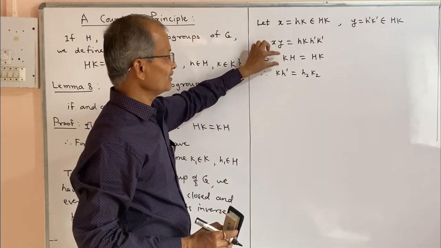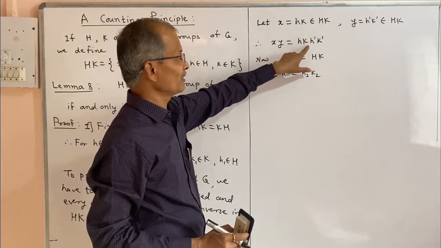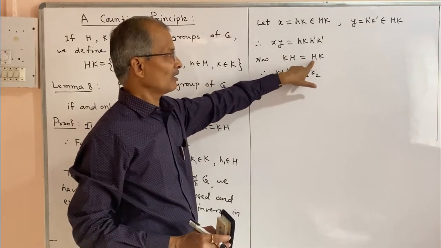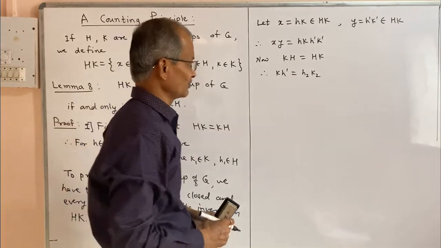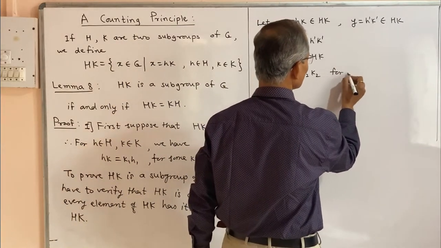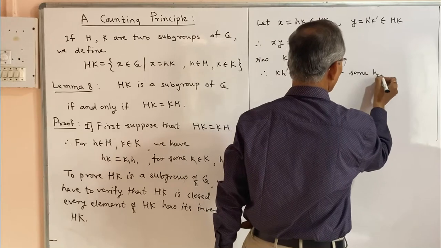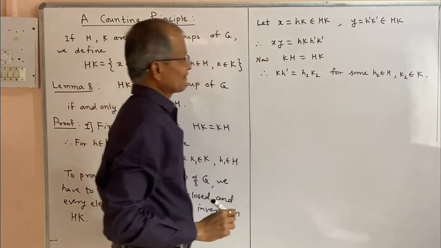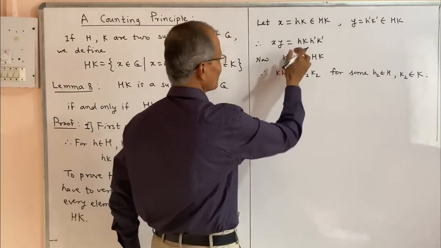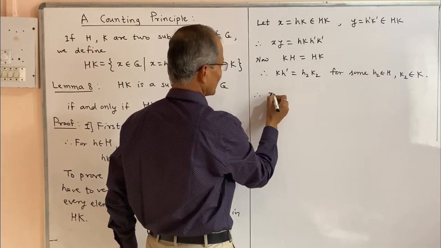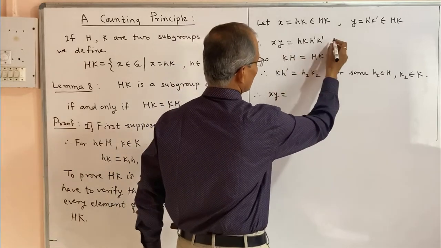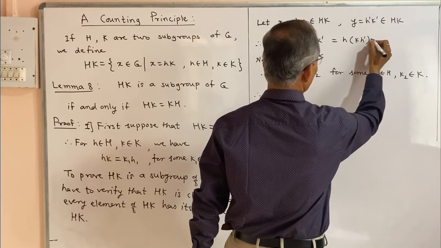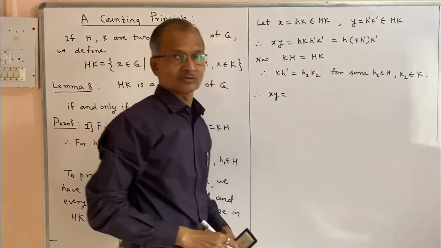We have considered this element kh' particularly. kh' must be equal to an element of this form, h2k2, for some h2 belongs to H, k2 belongs to K. And thus xy may be written as h(kh')k' by the associative law.